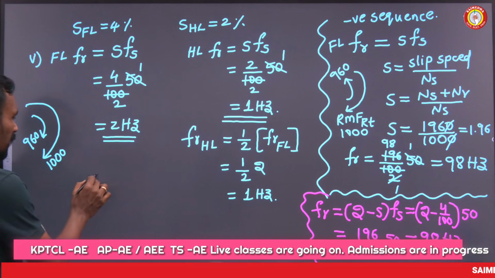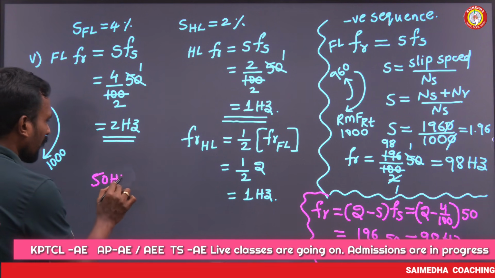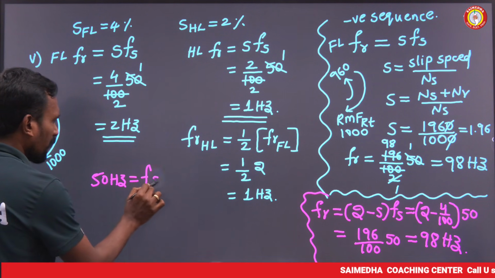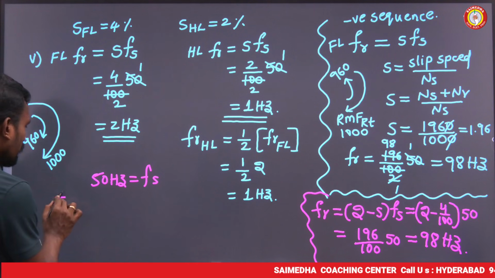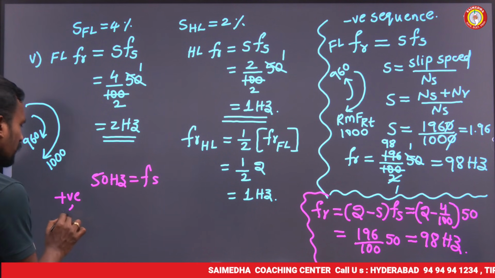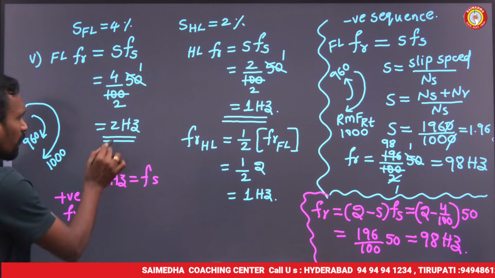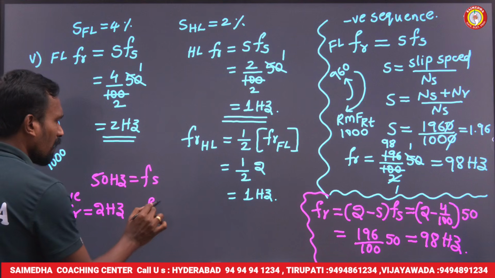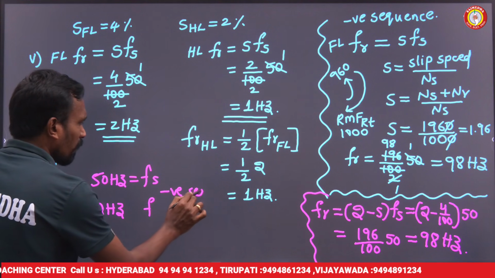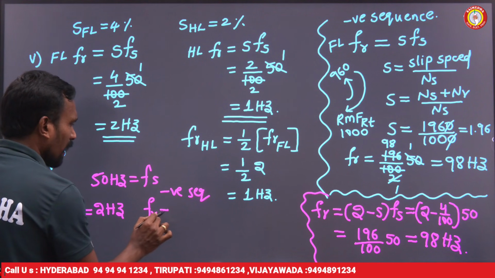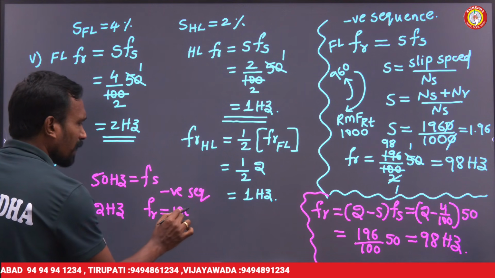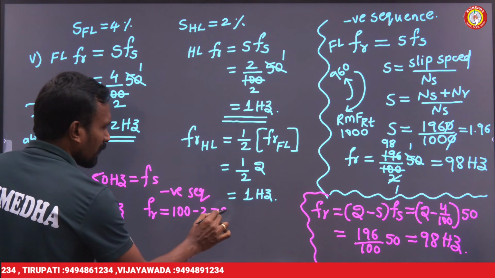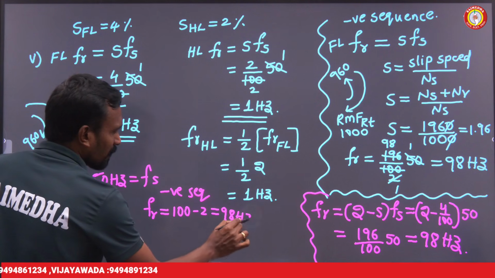Simply, if the supply frequency is 50 Hz and the rotor frequency for positive sequence is 2 Hz, then for negative sequence the rotor frequency is 100 minus 2, which is 98 Hz.